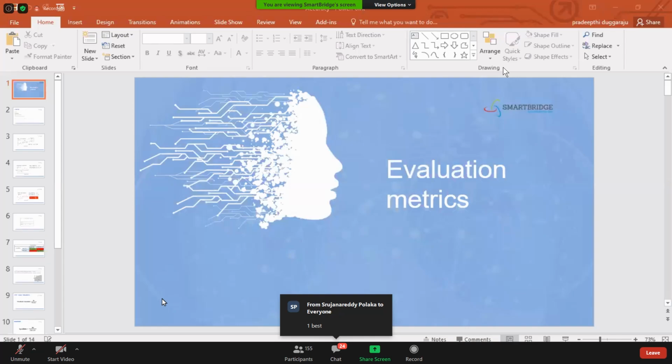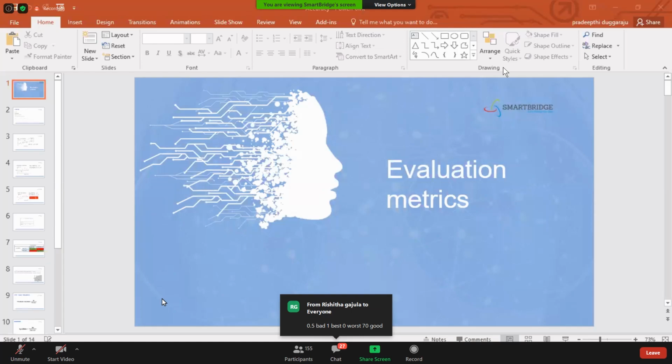AUC 1 is best, Haripriya, 0 is worst. Yeah. So AUC 0 is worst, best is 1, good is greater than 70%, bad is lying around 0.5 to 0.7. Right? So hope everyone has this clarity, right?